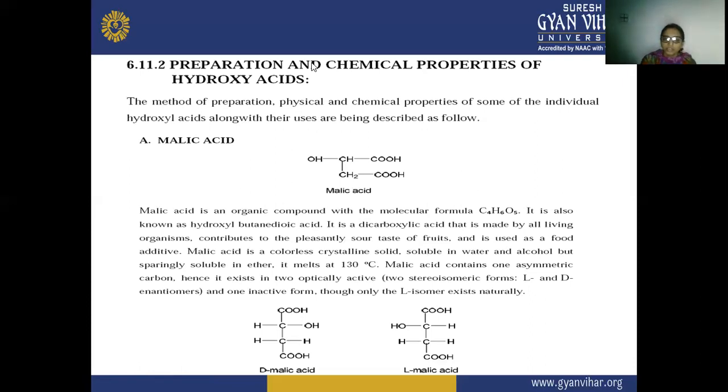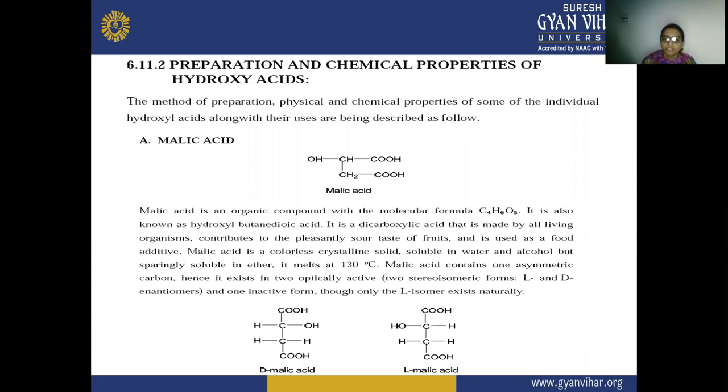It is a dicarboxylic acid that is made by all living organisms, contributes to the pleasantly sour taste of a few fruits, and is also used as a food additive. Malic acid is a colorless crystalline solid that is soluble in water and alcohol, but sparingly soluble in ether.